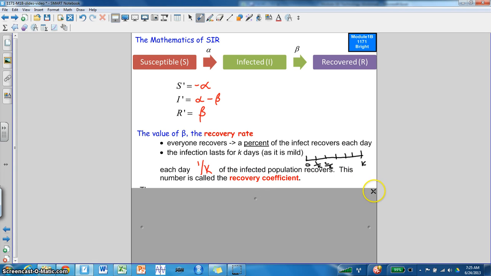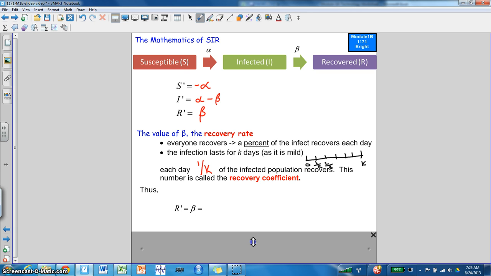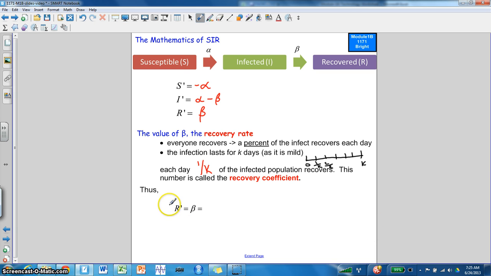So really what we're saying is that the recovery rate, which is our beta, is equal to 1 over k, but it's of the infected population, so we have to multiply by the infected population. This is the recovery rate.